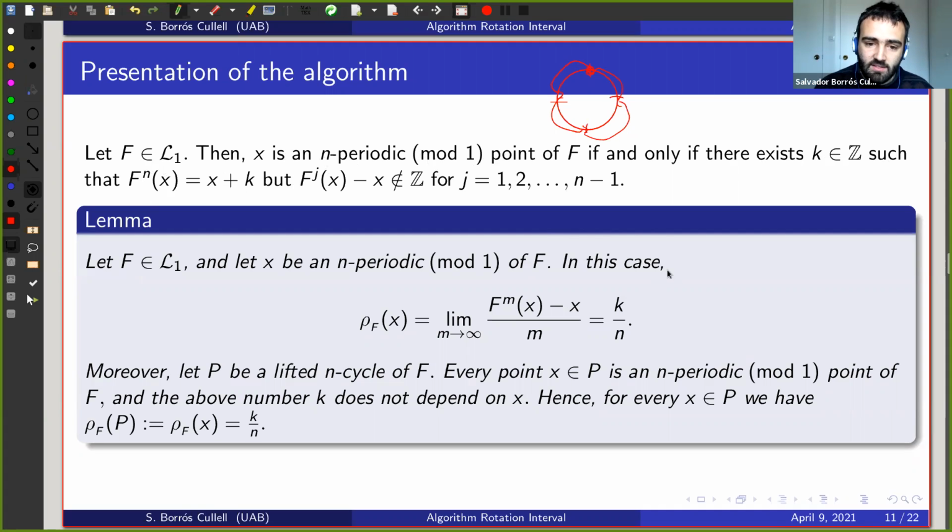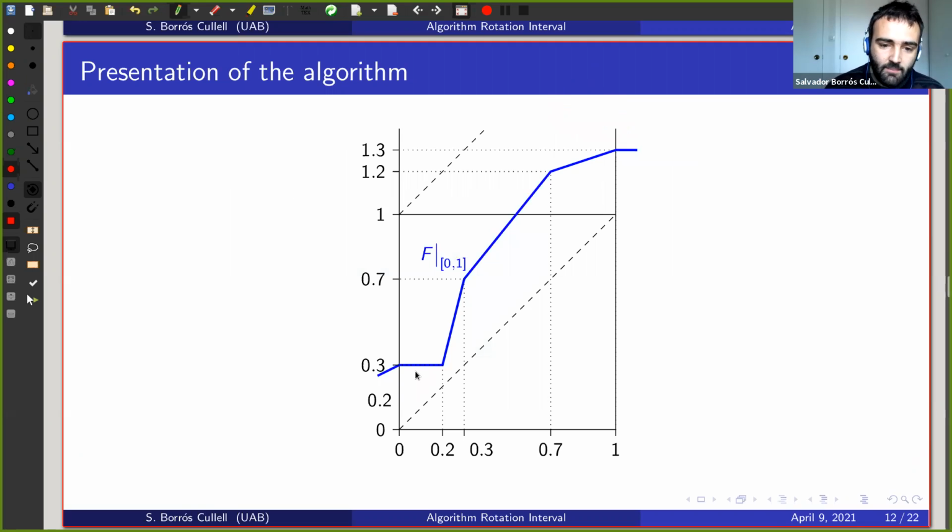In these cases, when we have a periodic point, we can compute exactly the rotation number of this point, which is simply this k divided by the period of the point n. So they have this nice property that you can exactly determine the rotation number from the periodic point. For example, we have this example here.